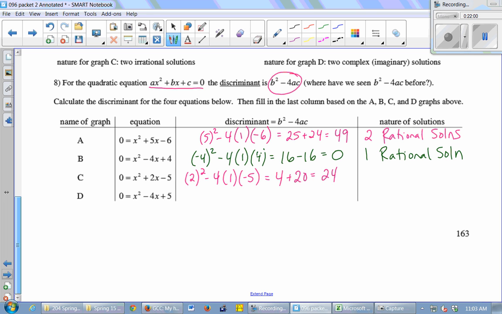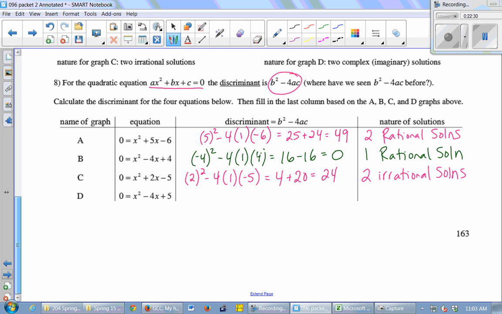The only time you get i's is if you have a negative under the square root. So it's positive, but is it a perfect square? No, which means I'm going to have some radicals left in my answer. I'm not going to be able to get rid of them altogether. So that means I'm going to have 2 irrational solutions. I'm going to have 2 solutions because of the plus or the minus. But I'm going to have some square roots in that answer. So it's going to be irrational.